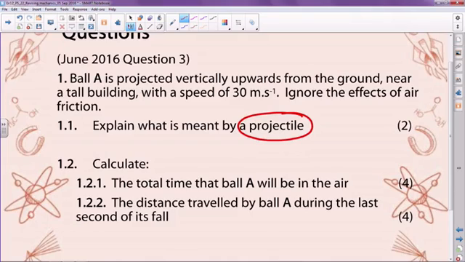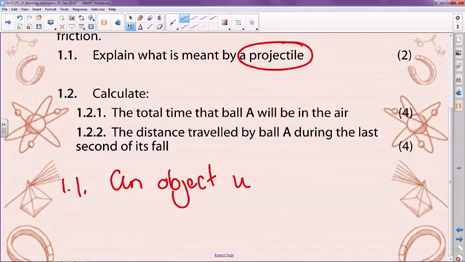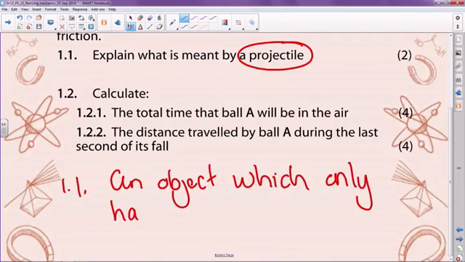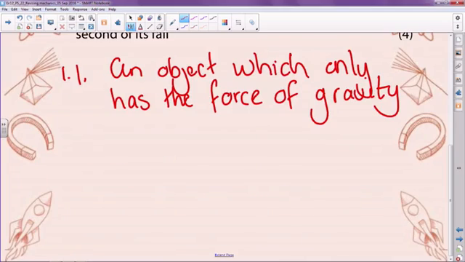Okay, now an object that's considered to be a projectile, so when we look at question 1.1, a projectile is simply an object, okay, and it can be anything, which only has the force of gravity acting on it. Okay, that's really important that we get this, okay? So a projectile only has the force of gravity acting on it.